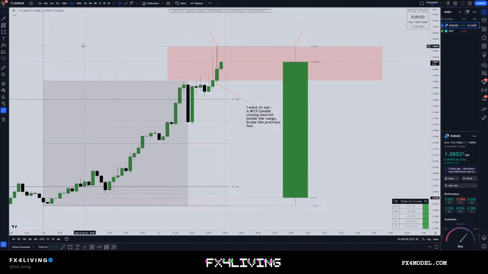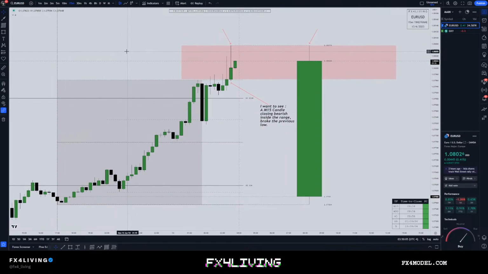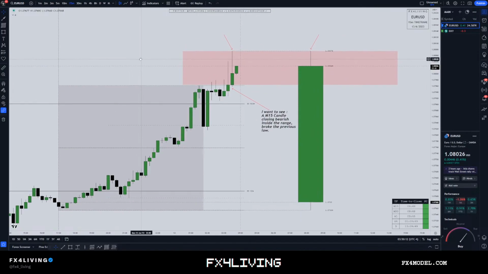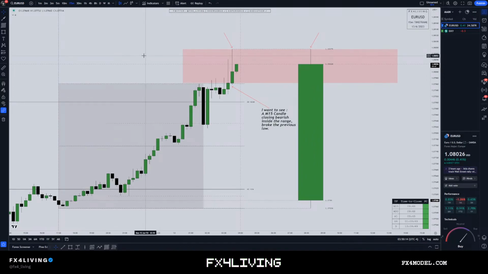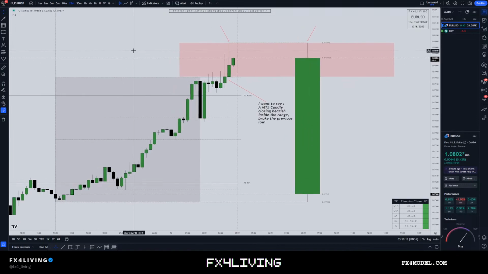How many entry models do you have? So that's the thing. That's something that I feel people don't understand or maybe lack: ICT doesn't give any strategy, right? All he does is give tools, models and concepts that can help you eventually to find a winning trade.